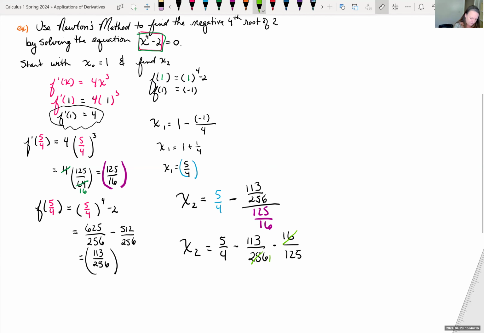Simplifying a little bit. So I have x of 2 is 5/4 minus 113, all divided by 16 times 125, which is 2,000.